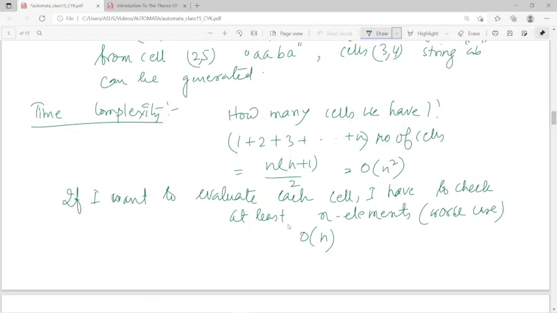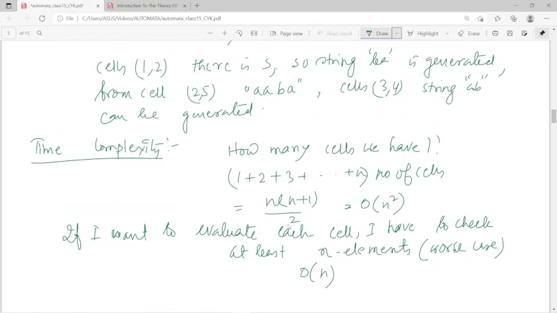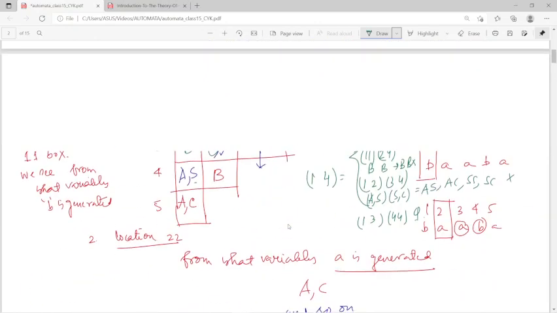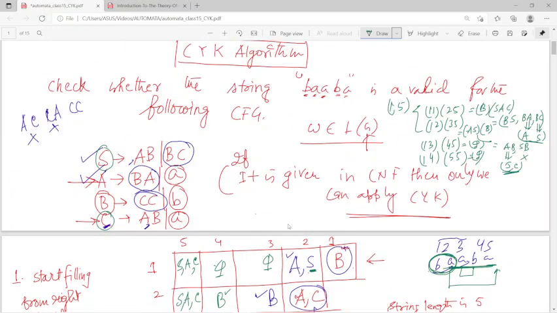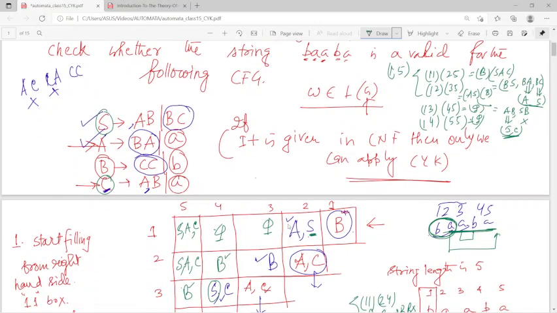Because when you have to evaluate 2 5, or this last one, the 1 4 or 1 5 cell, then you have to evaluate that many cells. So in the worst case, you have to check at least n elements, right? That's why I'm talking about order of n.